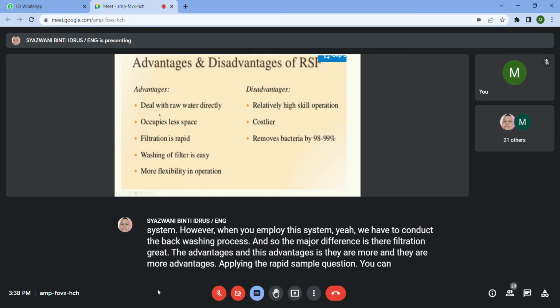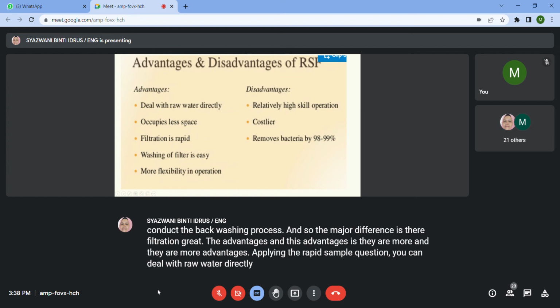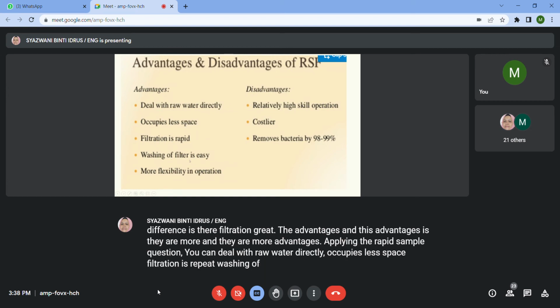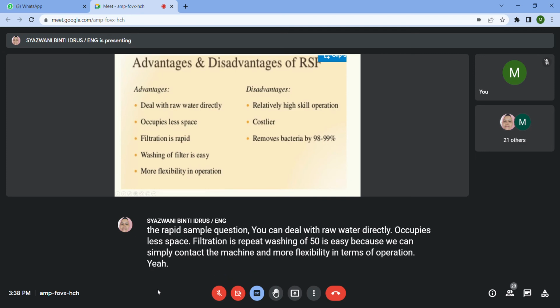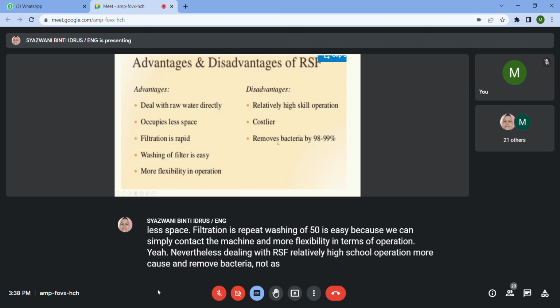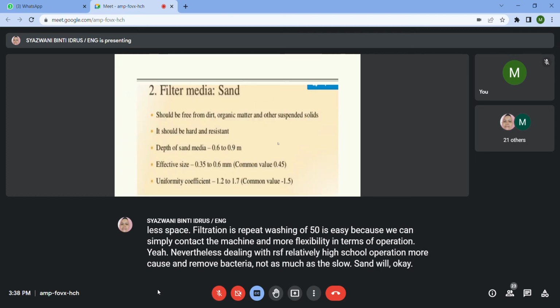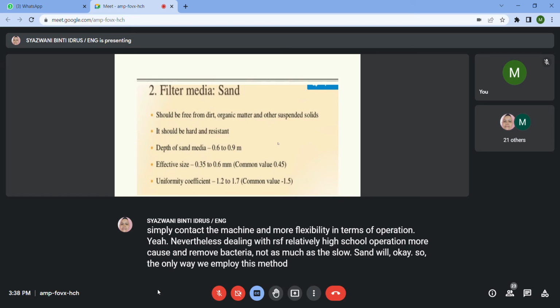It can deal with raw water directly, occupies less space, filtration is rapid, washing of the filter is easy because we can simply conduct the backwashing, and there is more flexibility in terms of operation. Nevertheless, dealing with RSF requires relatively high skill operation, more cost, and it removes bacteria not as much as the slow sand filtration. Okay. So normally when we employ this method, sand is the popular media to be used.